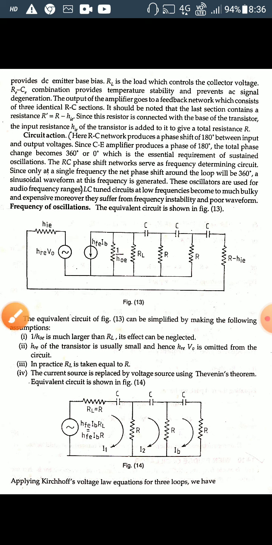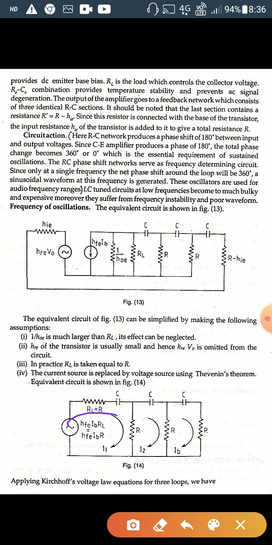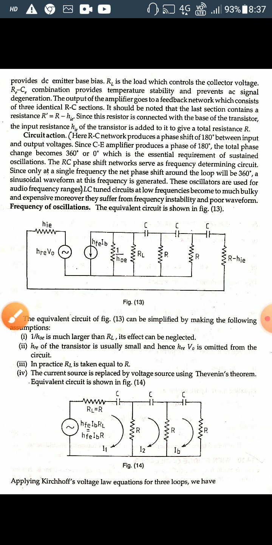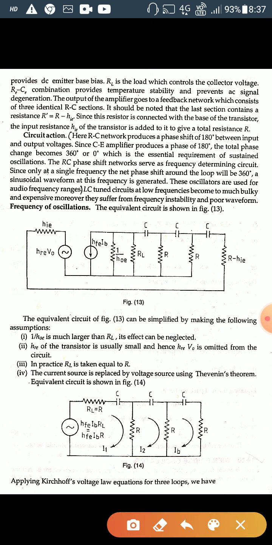So this is h_fe into I_B into R_L, or h_fe I_B into R if we consider R_L equal to R. And this is the voltage source, and the impedance value is R, which is connected in series form.